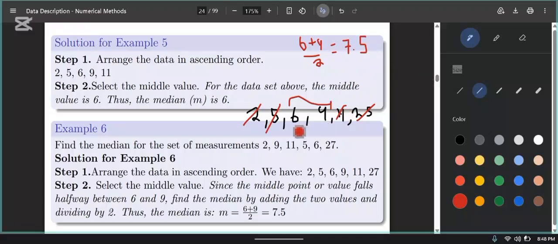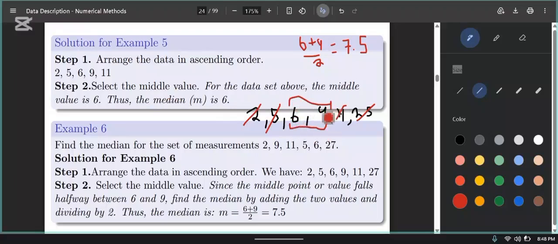When you have 2 numbers in the middle, remember, for all measures of central tendency, the mean, the median, the mode, you simply need 1 number. For the median, what is needed is the middle value. Here on the middle value we find that there are 2 numbers.